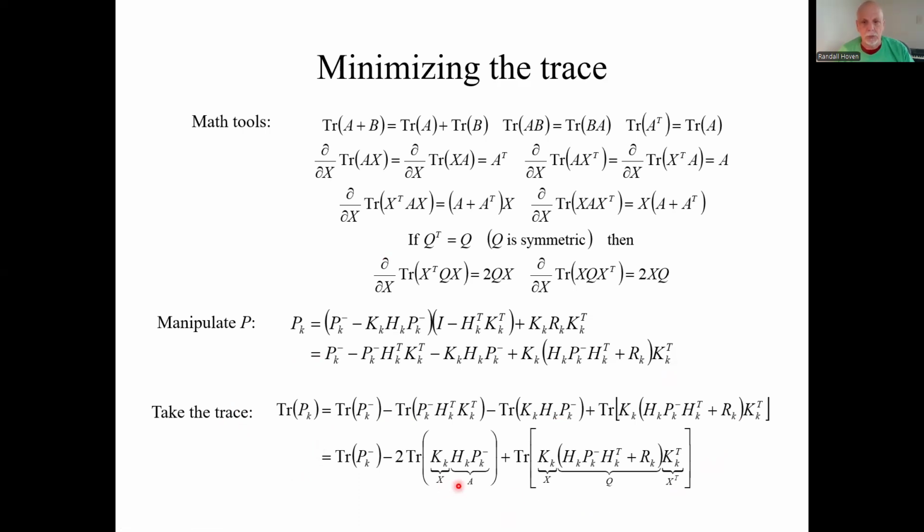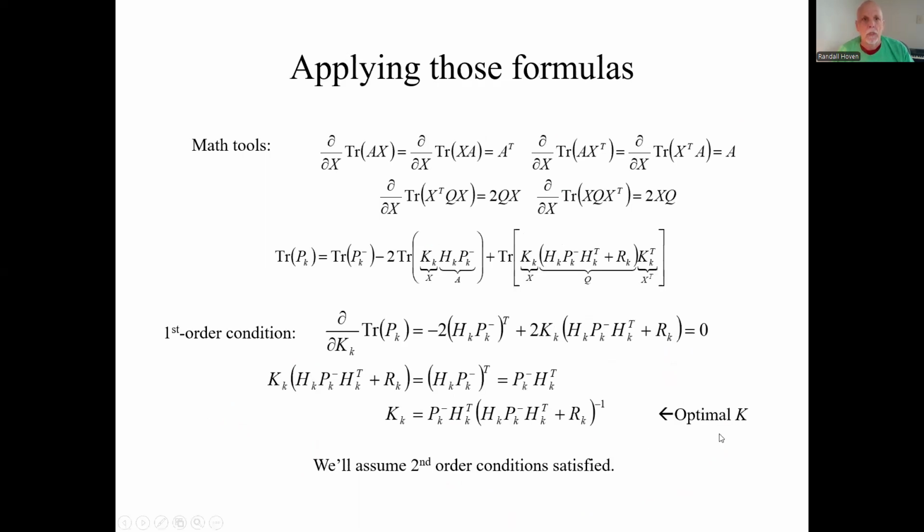And these little subscripts here are trying to show you how to use these formulas and apply it to these particular variables. So here's where we were, and we want to use these formulas now. We want to take some derivatives.